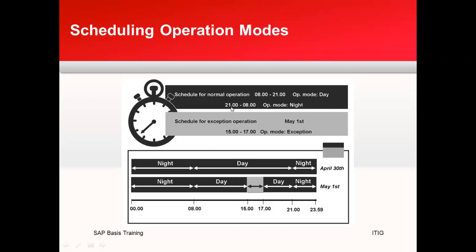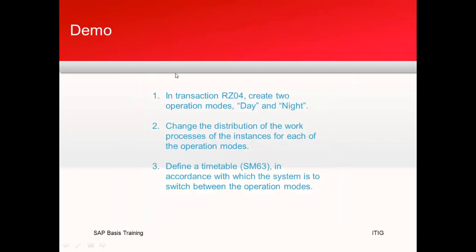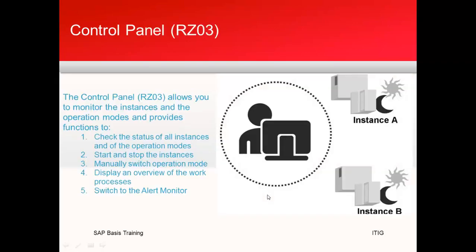So this is where we define 2 different operation modes, and let's see the demo. Basically we'll see these 3 transactions and how things work out in RZ04. We have created 2 operation modes, and we'll change the distribution of the work processes and define a timetable using SM63, according to which the system is to be switched between the operation modes.